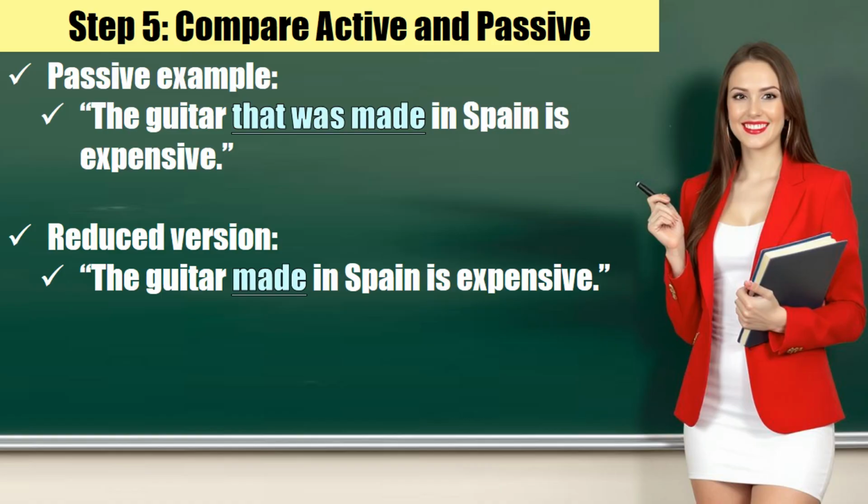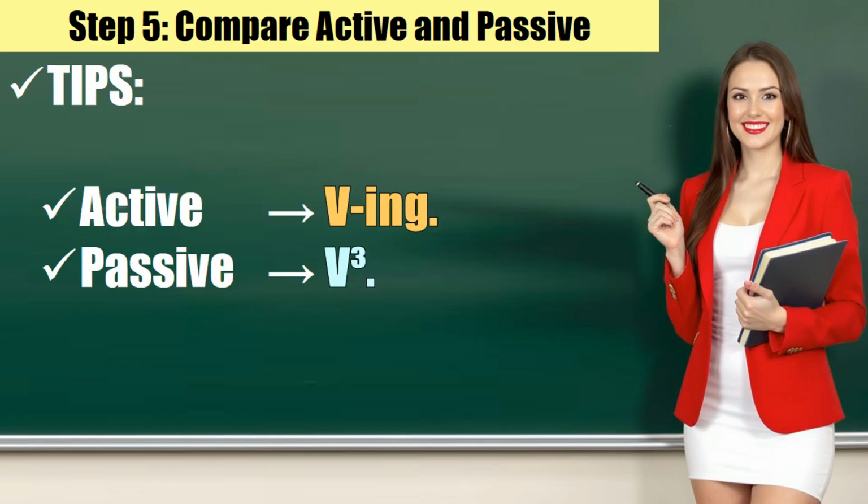The guitar that was made in Spain is expensive. Reduced version. The guitar made in Spain is expensive. The guitar received the action, so we use "made." Bear in mind, if the sentence is active, change it into verb-ing, and if the sentence is passive, change it into verb 3. Simple rule, easy to remember.